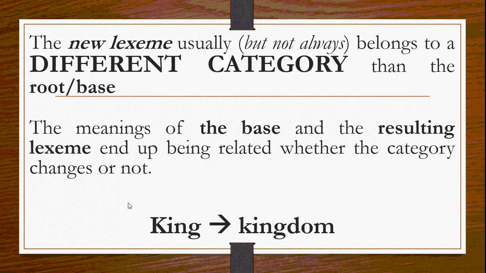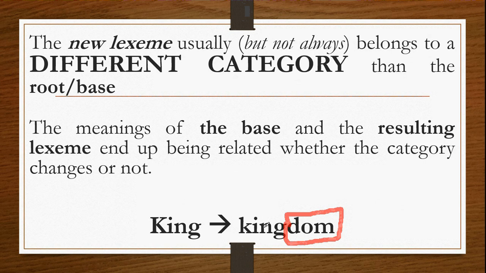For example, in king and kingdom, right? We can see right here that this is a derivational suffix, and it's transforming the word king, which is a noun, into another noun, kingdom, right?